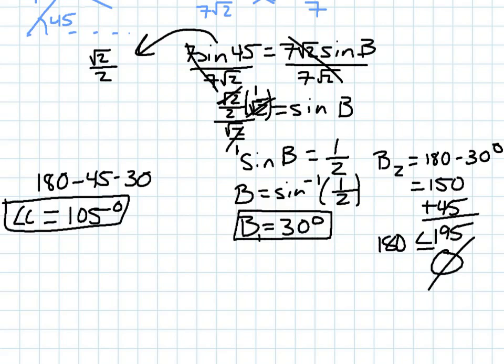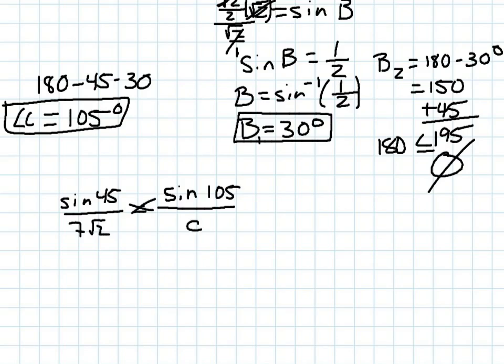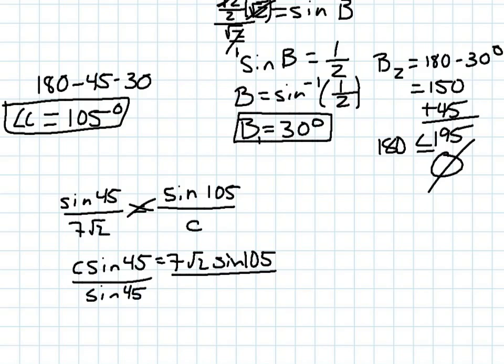So now using that and the law of sines, I can do sine of 45 again over 7 square root of 2 equals sine of 105 over c. So now I can cross multiply again. So c sine of 45 equals 7 square root of 2 sine of 105, okay, divided by sine of 45 to get c by itself.